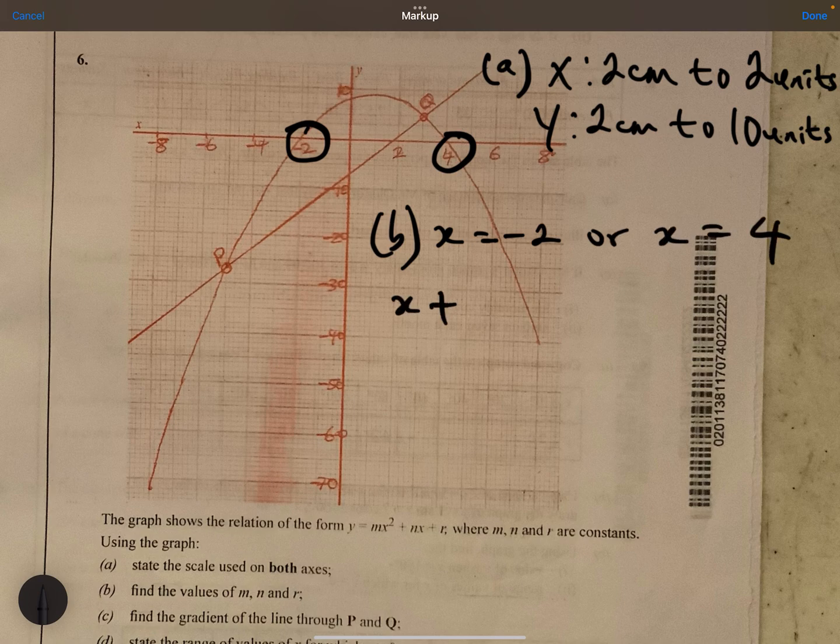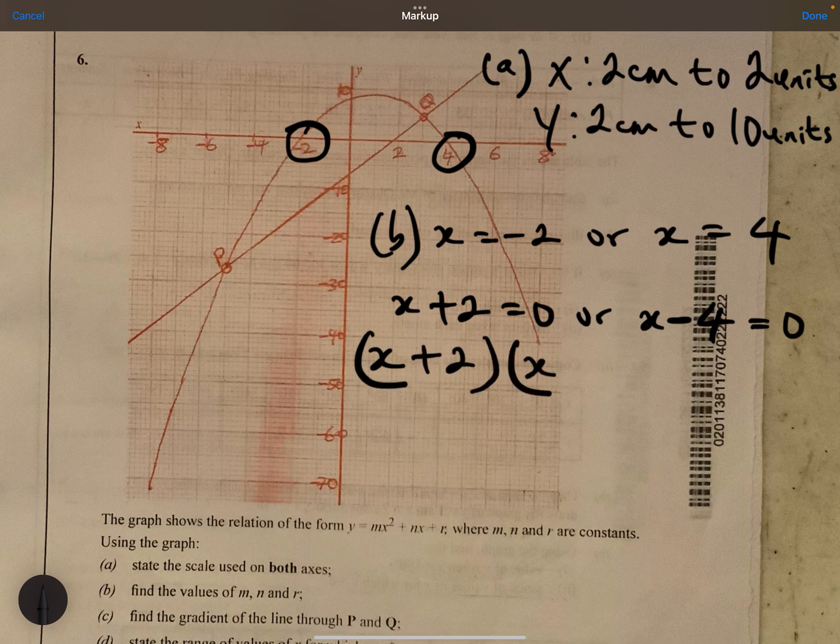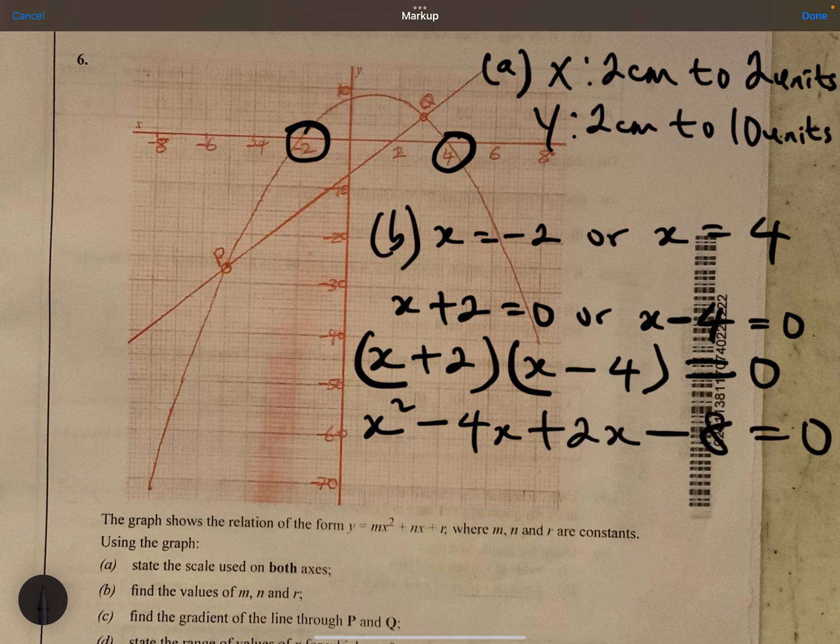That simply means x plus 2 equals 0 or x minus 4 equals 0, which means x plus 2 times x minus 4 equals 0. If I expand the brackets, I get x squared minus 4x plus 2x minus 8 equals 0, which simply means x squared minus 2x minus 8 equals 0.